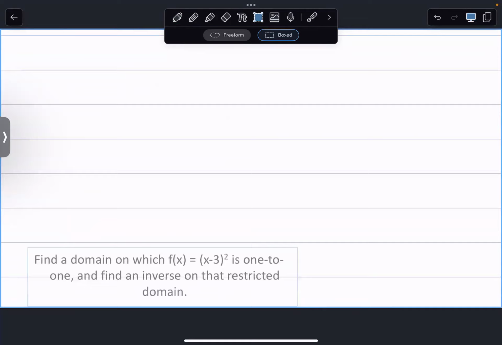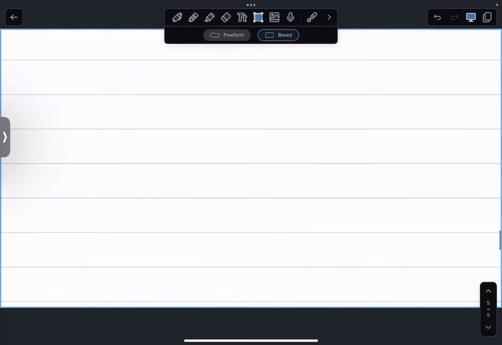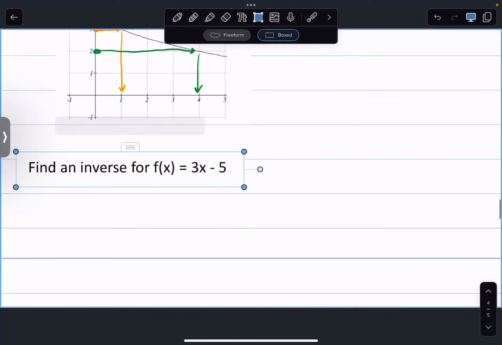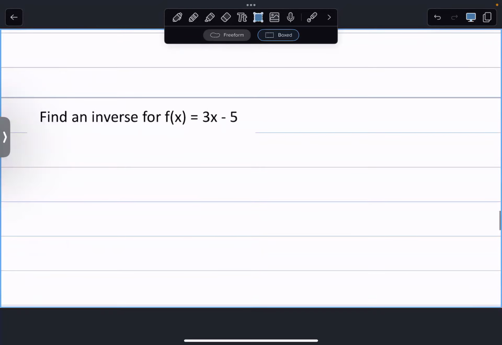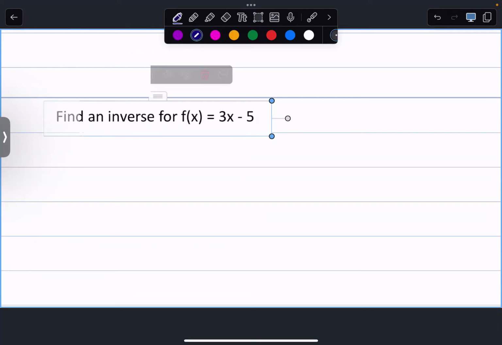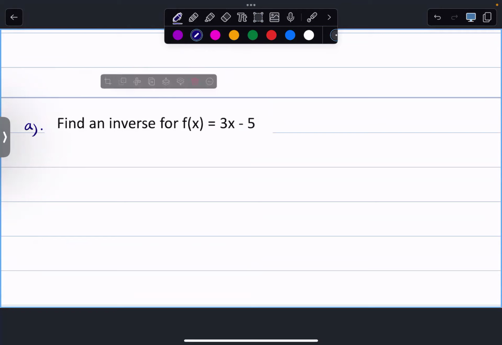I'm just gonna put it on its own page here. It's gonna be kind of long because what I wanna do is make that part A, and then part B is going to be confirm that it's the inverse using function composition, right? It's also a nice way to be able to check your work.